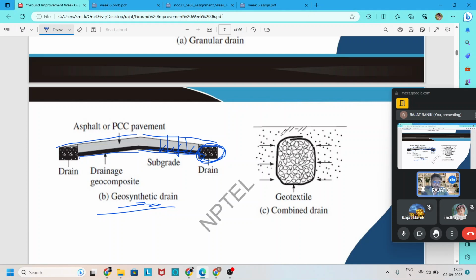If you see, below the ground surface one arrangement is created: a geosynthetic material is inserted, and inside this geosynthetic material some good drainage material like granular or gravel material is placed, which can address the strength and also provide good drainage to remove the water. So this is another arrangement.